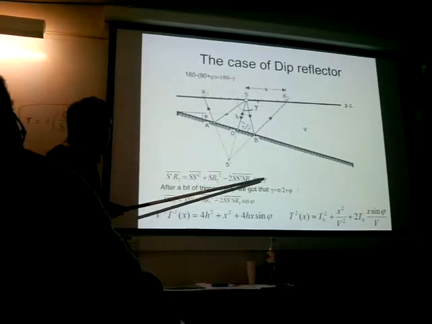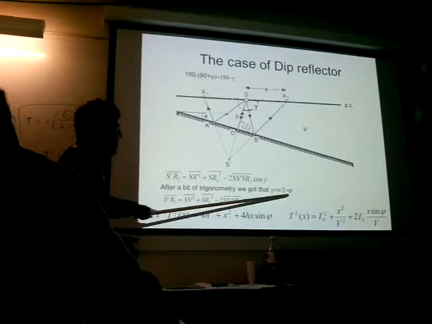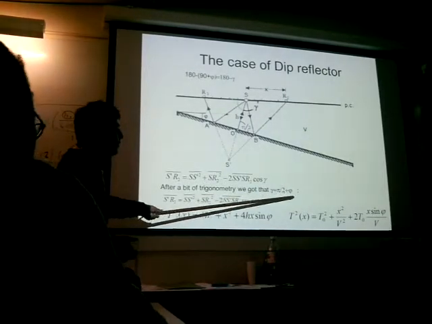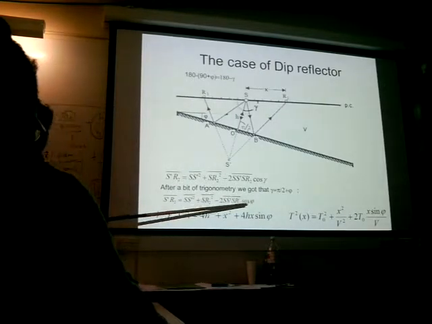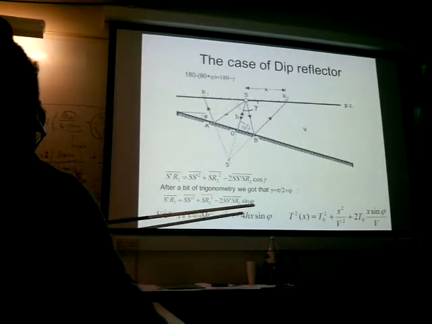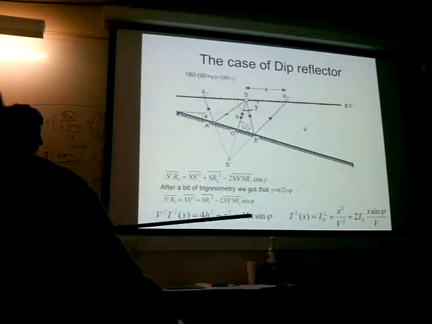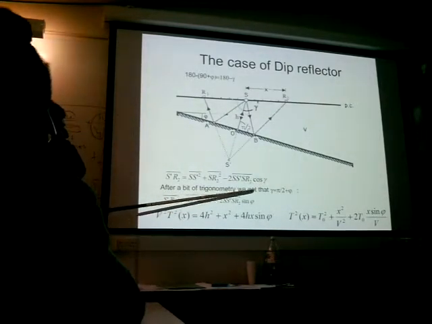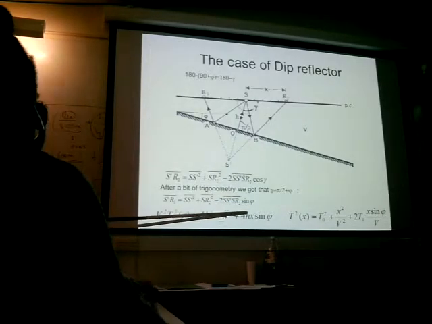So I can rewrite my gamma here as 90 degrees plus phi. But the cosine of 90 degrees plus phi is nothing else than minus the sine of phi. I'm using pure trigonometry. Okay? So you can rewrite this equation as cosine of gamma in terms of sine of phi.